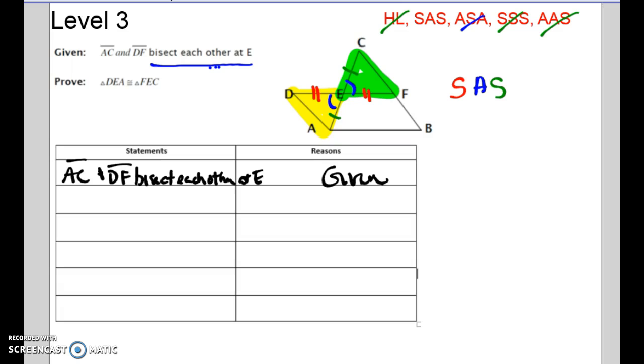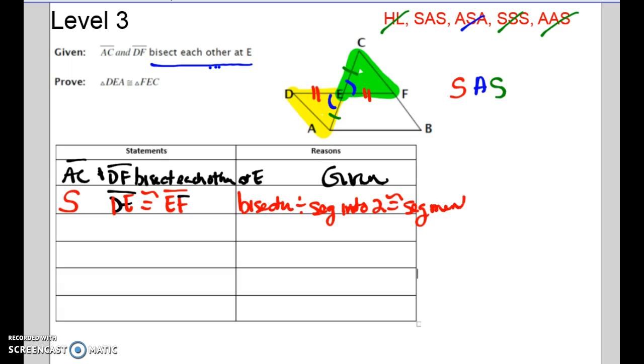Okay, so I'm going to start out with my first side that's congruent, and I'm going to say DE is congruent to EF. And what is that reason? Well, that reason is a bisector divides a segment into two congruent segments.